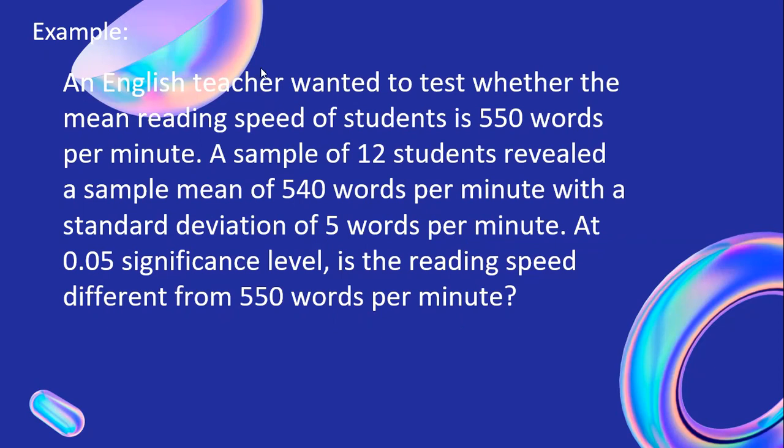Okay. So basically, by just looking at the sample size, there are only 12 students. So your n is less than 30. And if that will be the case, what test is to be used? Yes, you're right. It's the t-test.